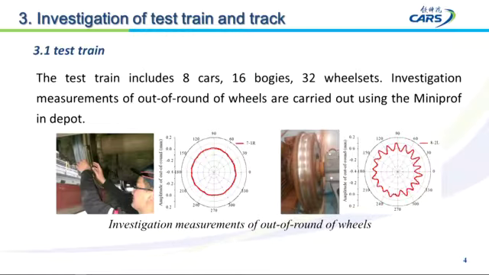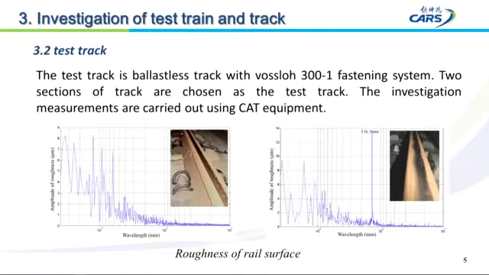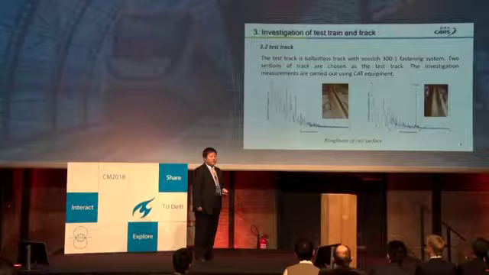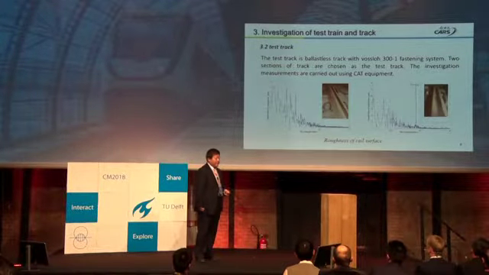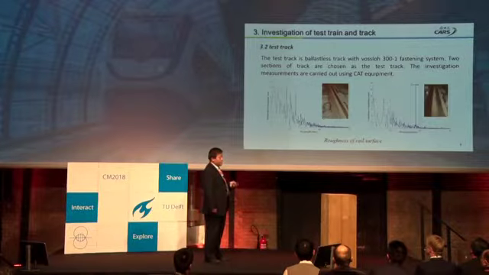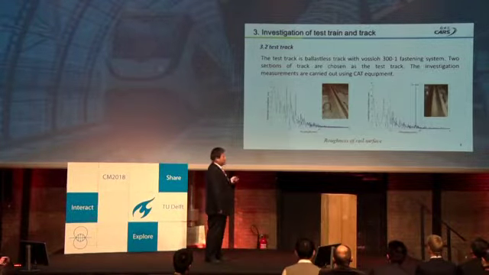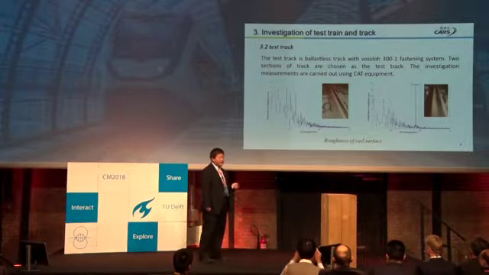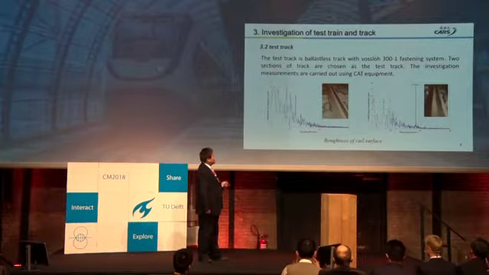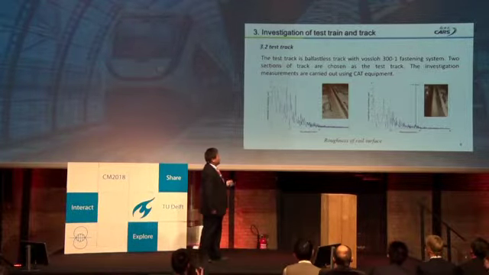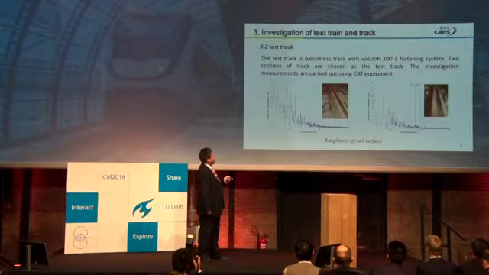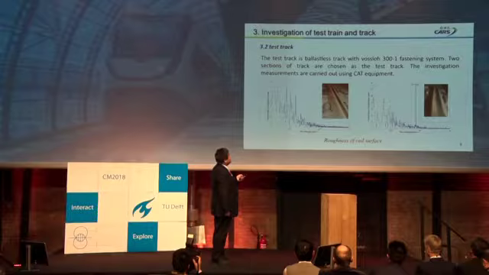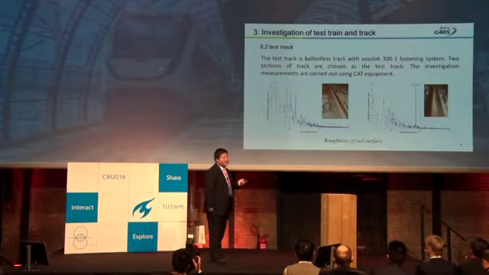The second is the test track. We choose two sections. The test track is a ballast track with the Fussloh 3000-1 fastening system. Two sections of track are chosen: one has no obvious rail corrugation, and the other has typical obvious rail corrugation, with a typical wavelength of 136 millimeters.